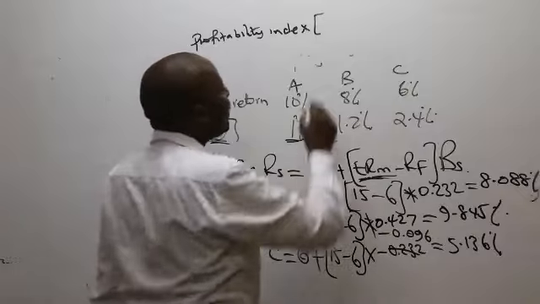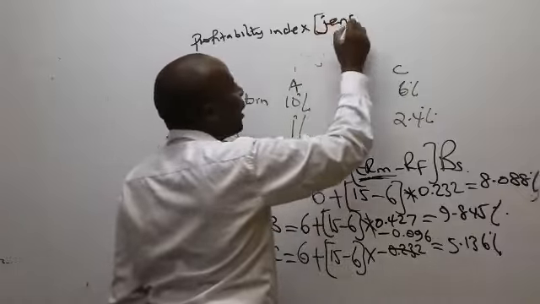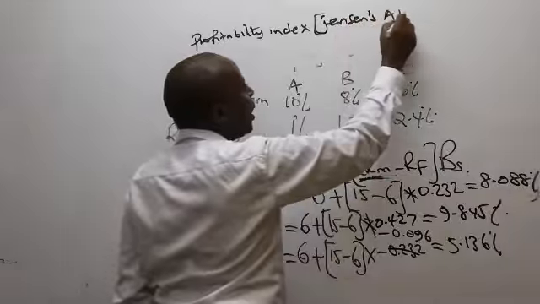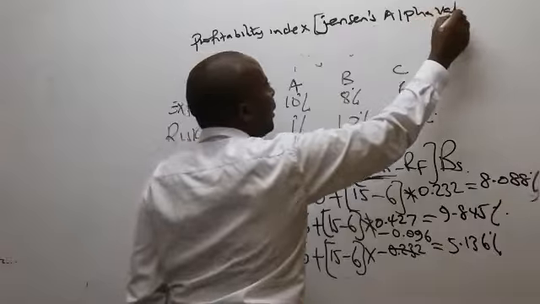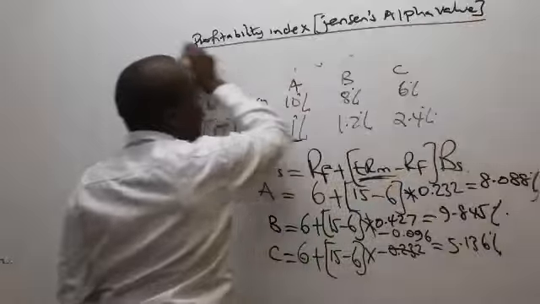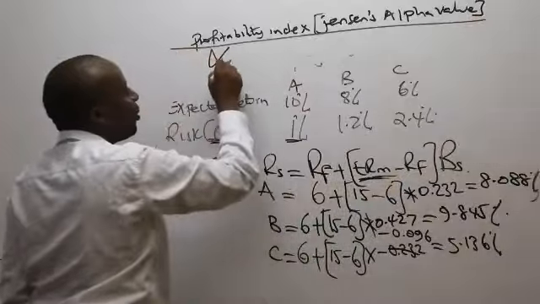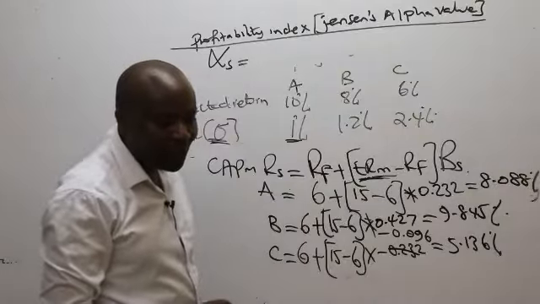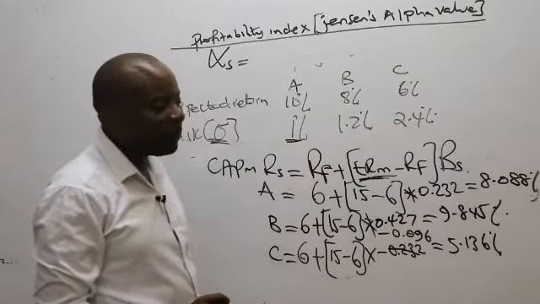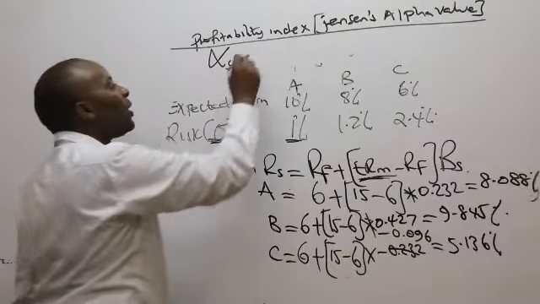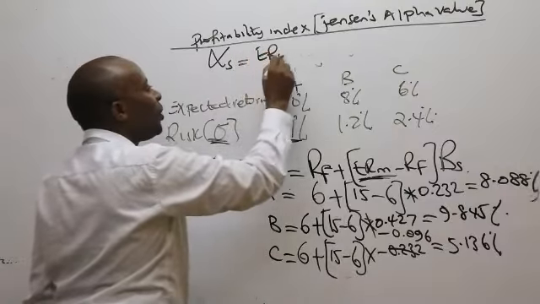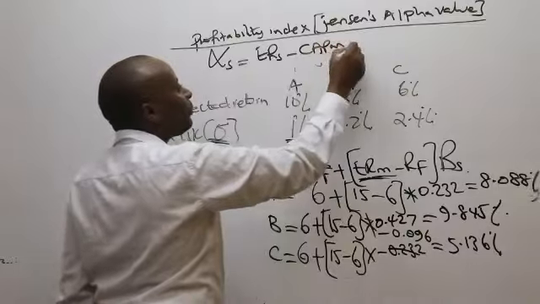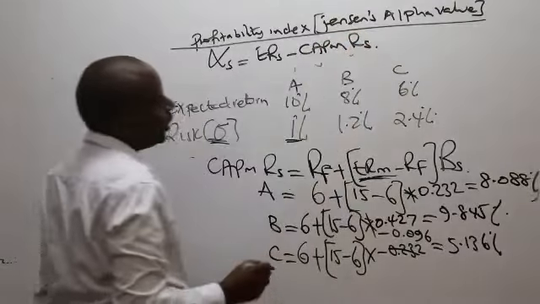So the profitability index, we are supposed to come and calculate the Jensen's alpha value. The Jensen's alpha value, we can recall, alpha value of any security, ladies and gentlemen, will always take the expected return of a security minus the CAPM returns of that security.